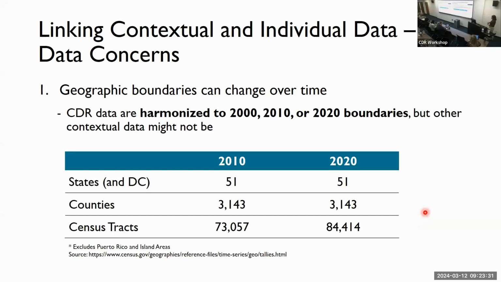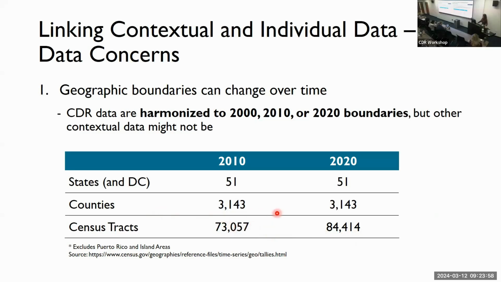And so here's just a little snapshot of the number of counties and census tracts between 2010 and 2020. And I wanted to show this table for two reasons. So one, I think it pretty clearly shows the differences in geographic boundaries for census tracts. We have about 10,000 additional census tract FIPS codes in 2020 compared to 2010.